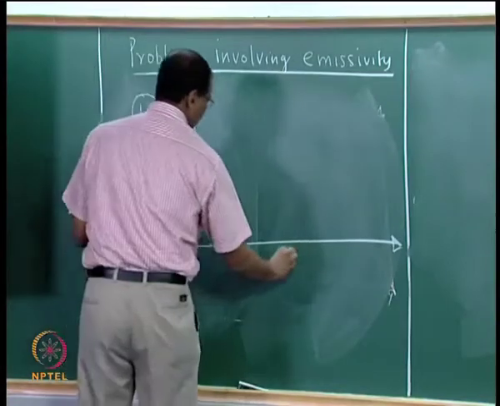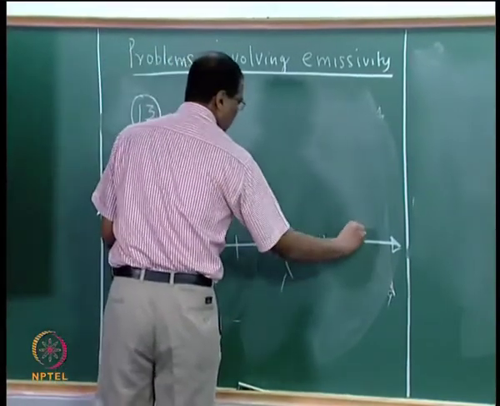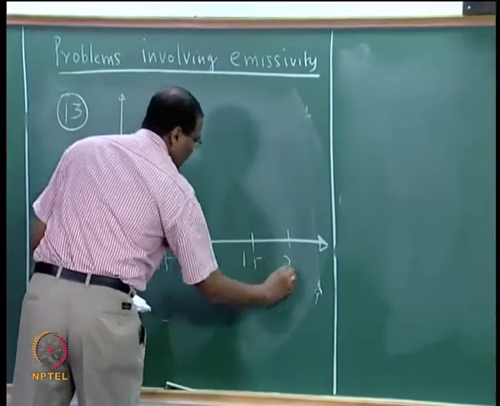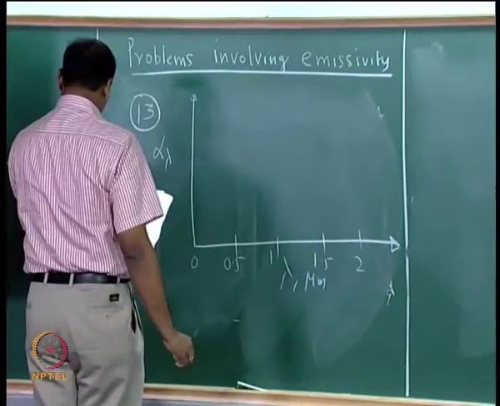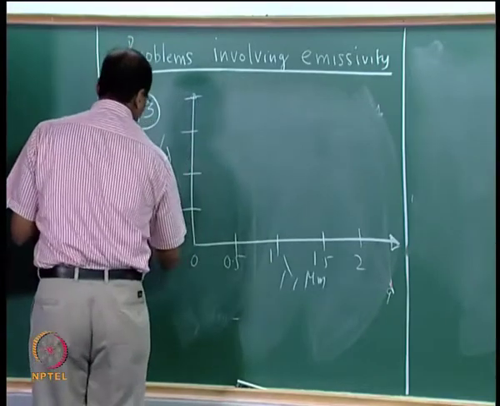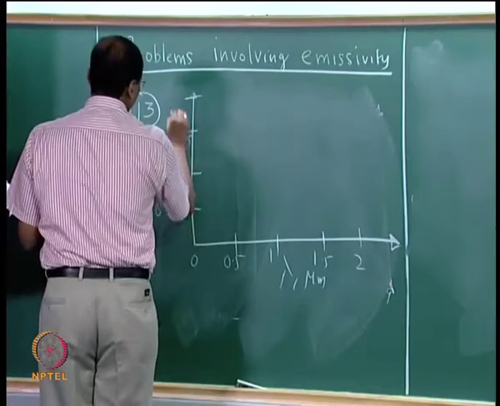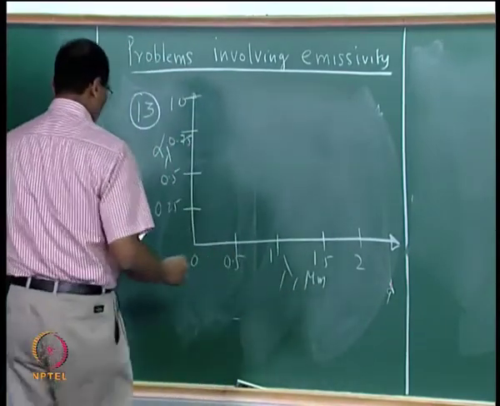Alpha lambda versus lambda, 0.5, 1, 1.5, 2, lambda in micrometer, 0.25, 0.5, 0.75, 1.